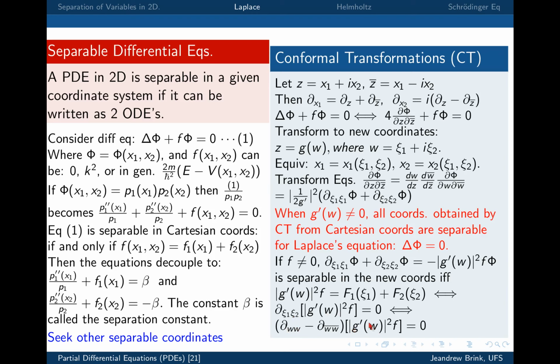But just remember that you have to transform f, which is a function of x1 and x2, into C1 and C2 before you work out the derivatives, or W and W prime before you work out the derivatives. But all these three conditions now become the criterion that your equation is separable in your new coordinates.